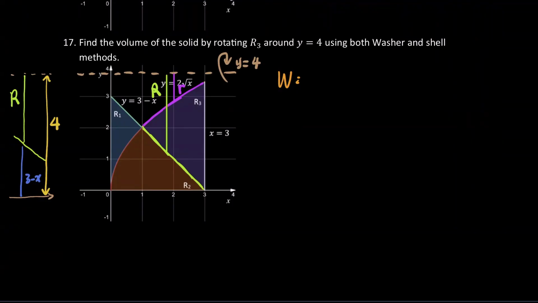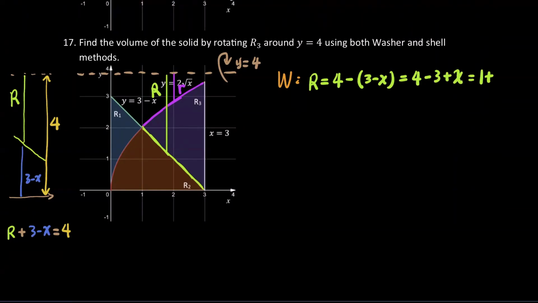So from this picture, you can see that r plus 3 minus x is equal to 4. And big R is 4 minus the quantity 3 minus x. So that's 4 minus 3 plus x. So that's 1 plus x.